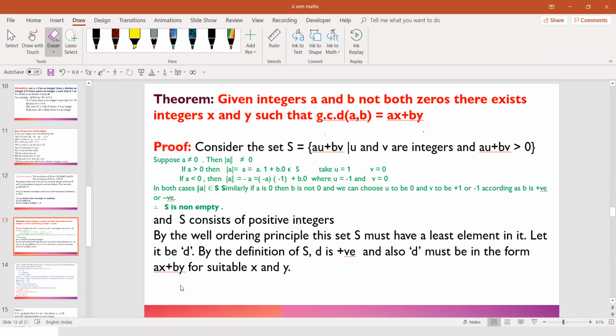So I am using a representation for D in the same form, where I use x and y. This is the general form, and D is a specific element, so for a specific element I use x and y.